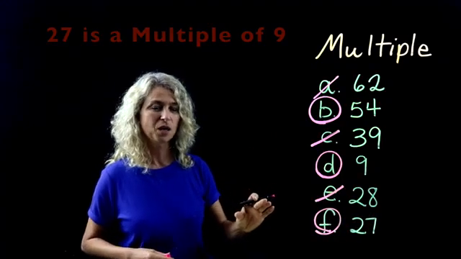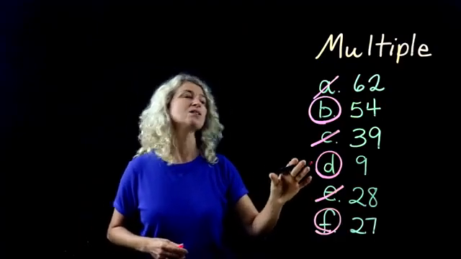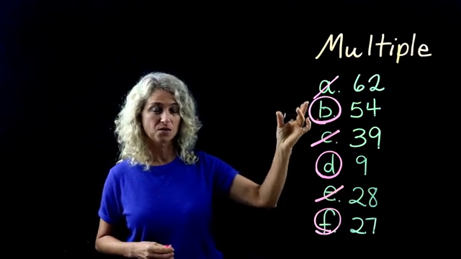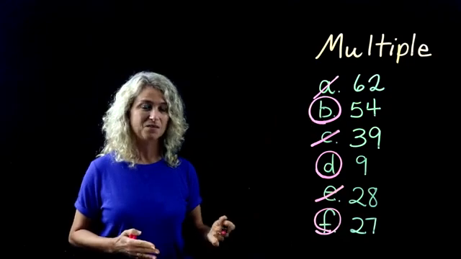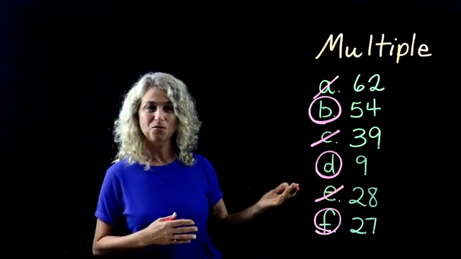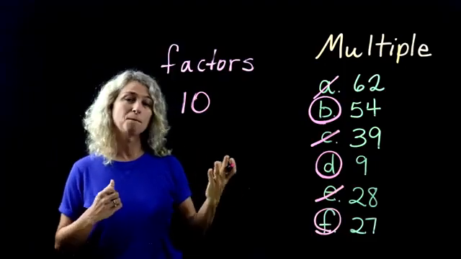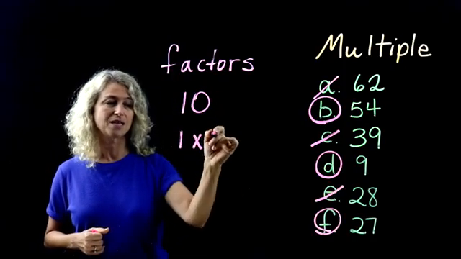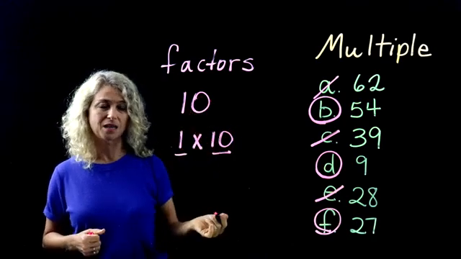I hope this video helped you. Let's just quickly recap. Multiples are the actual products of factors, and it's like skip counting. Skip counting like with 5, 10, 15, 20, and so forth. Factors are the two numbers that you multiply to get to a particular number. 1 times 10, these two numbers are the factors of 10.